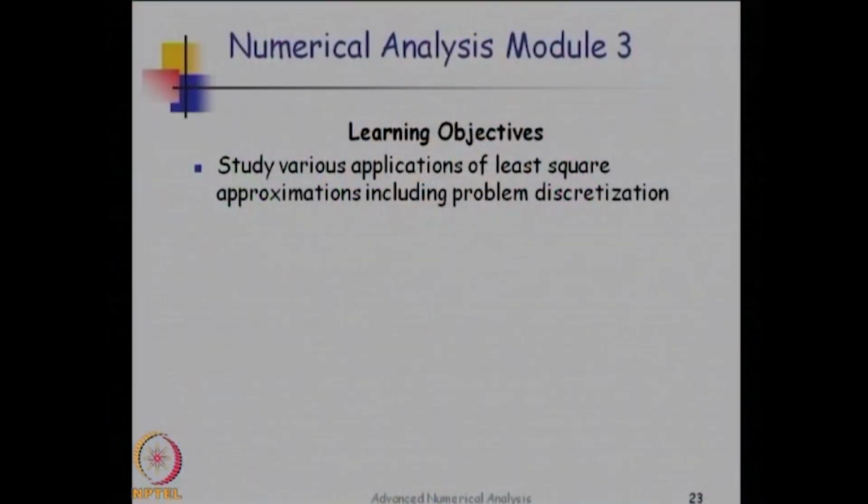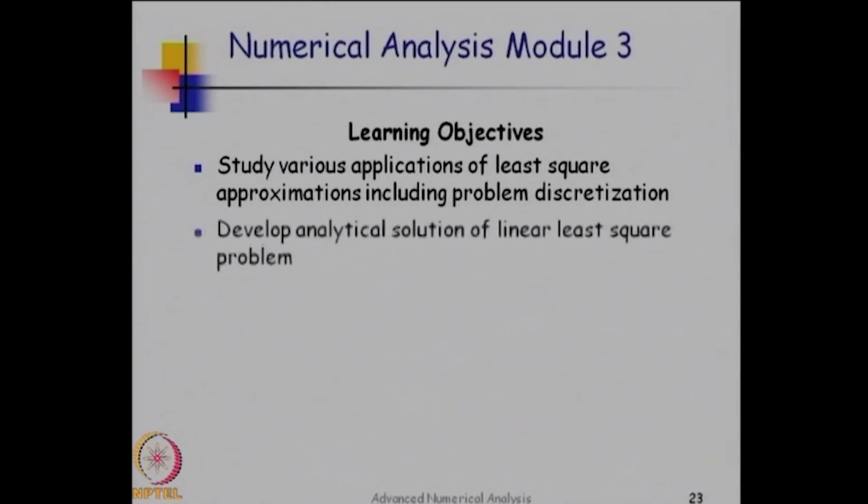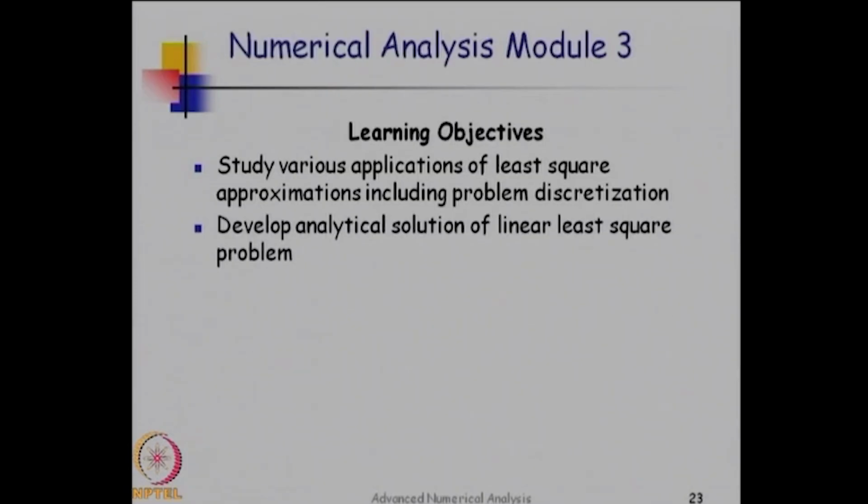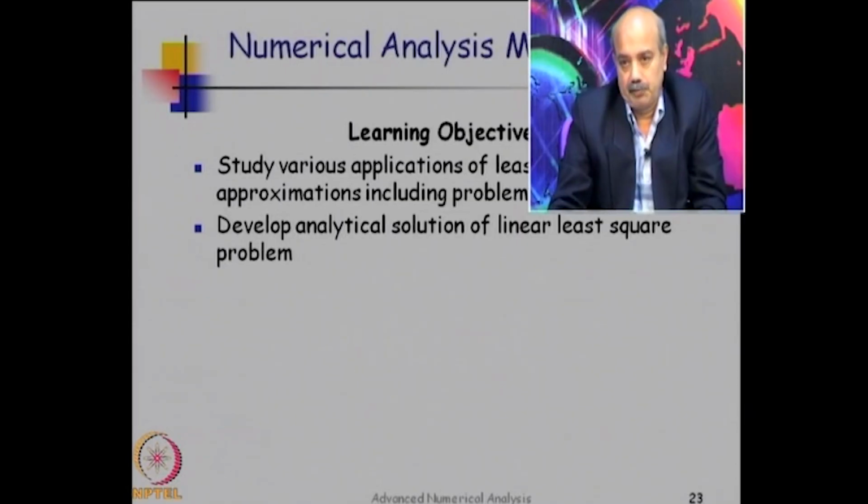So the third important approach that is used for problem discretization is least squares. So we are going to study various ways of approximating problems using the method of least squares. First we will develop the analytical solution of the linear least squares problem.